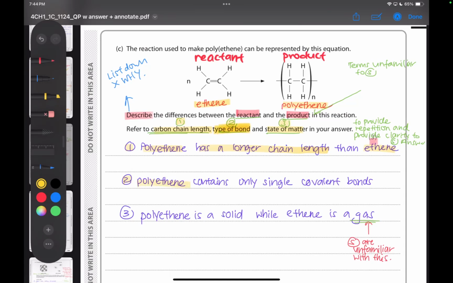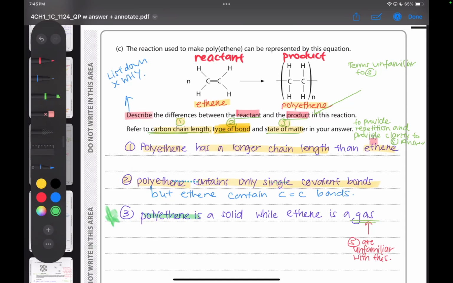Polyethylene contains only single covalent bonds, but ethene contains C=C double bonds.